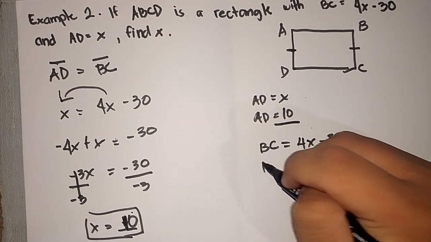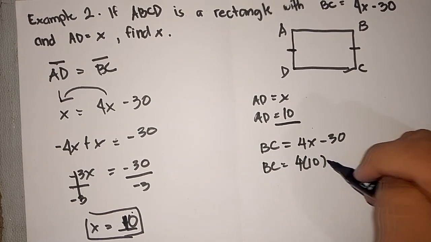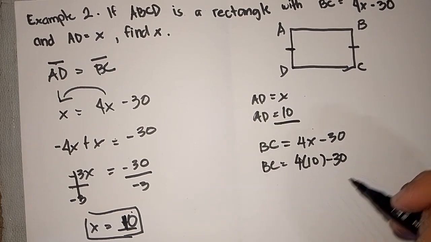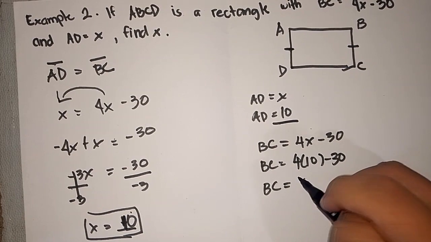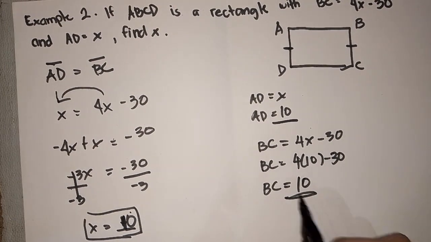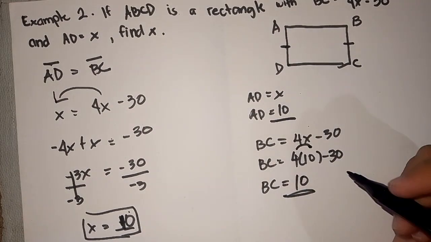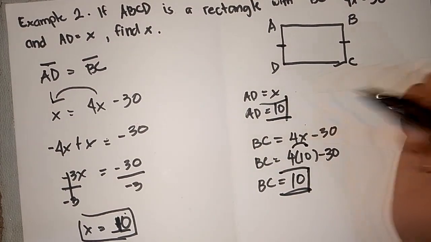Substitute: 4 times 10 is equal to 40, minus 30 is 10. So they are the same; they are congruent.